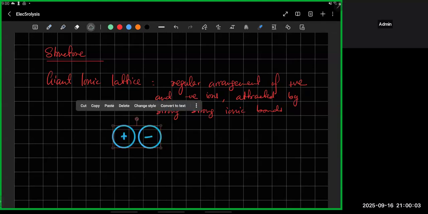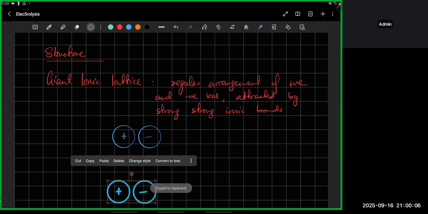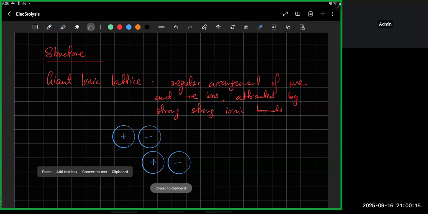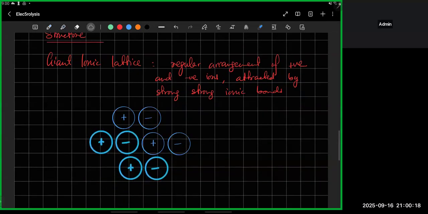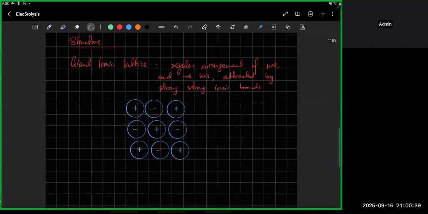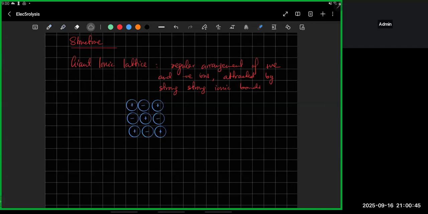It's going to be a giant lattice, an endless, huge crystal of negative ions attracting positive ions. So that's your crystal structure of what your ionic compound looks like, with positive and negative ions all attracted to each other.